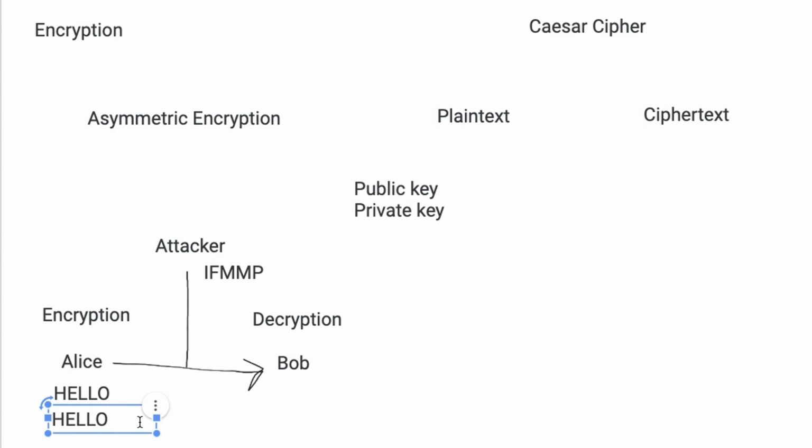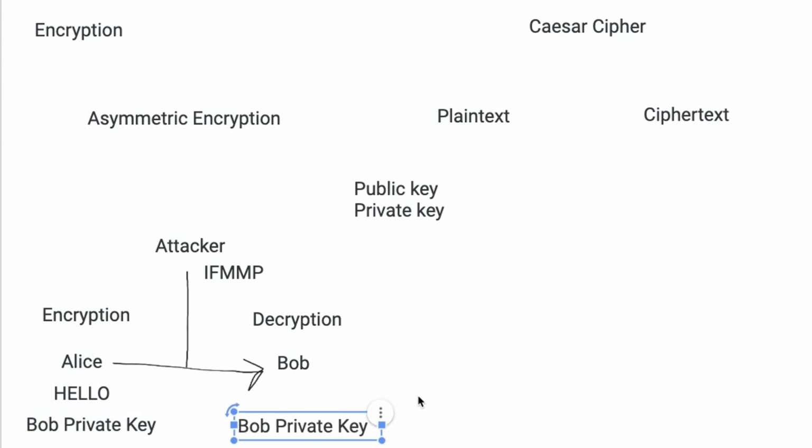Of course, Bob probably at some point broadcasted his public key to everybody, or maybe sent it to Alice. And this is used, as we remember, to turn this plaintext into ciphertext.